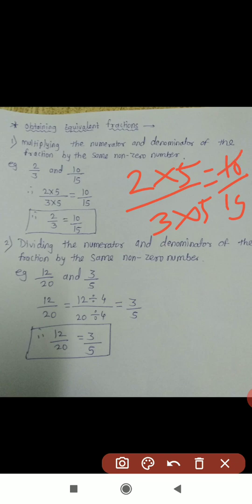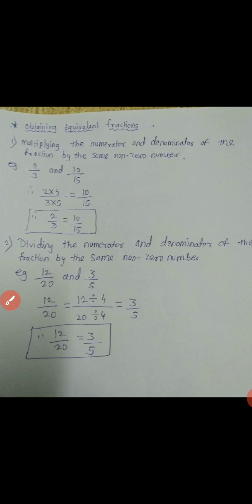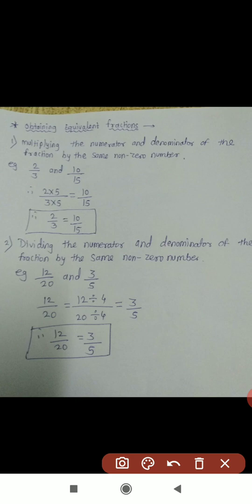Why? 5 twos are 10 and 5 threes are 15. So how are you getting the equivalent fraction? If you are multiplying the numerator and denominator with the same number, then you will get the equivalent fraction.